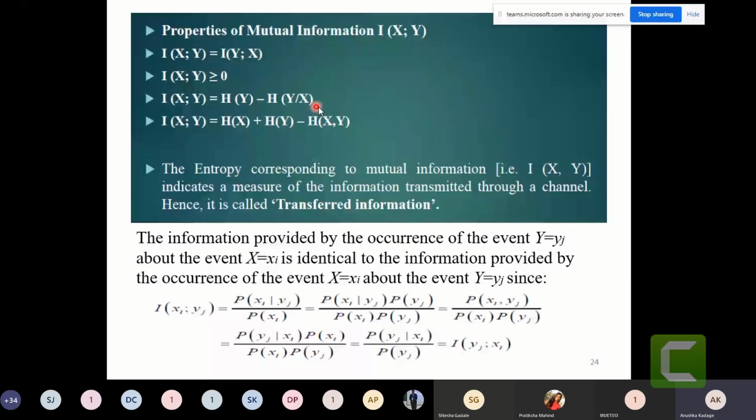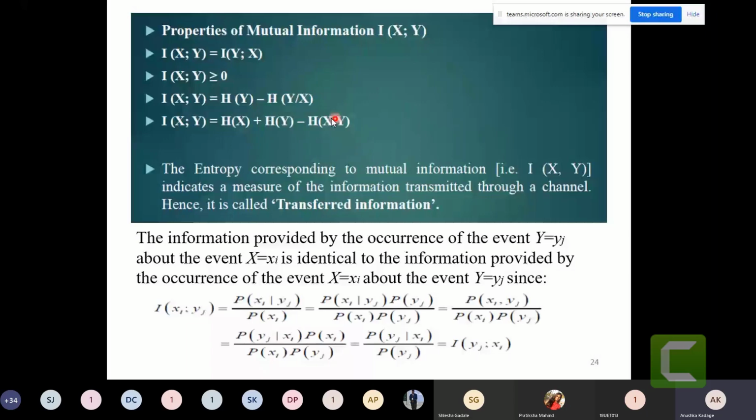In this I of X semicolon Y representation, which previously we have mentioned in terms of marginal entropies and the conditional entropy, that can be replaced with the help of two marginal entropies along with the joint entropy representation.